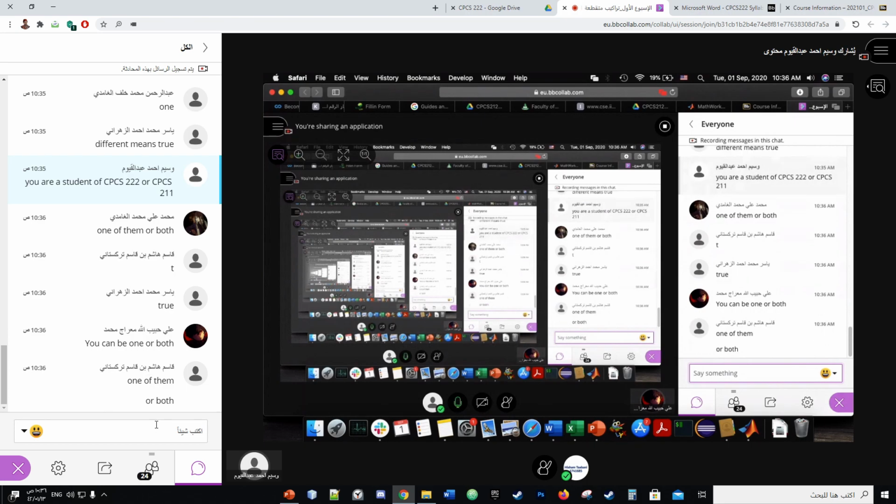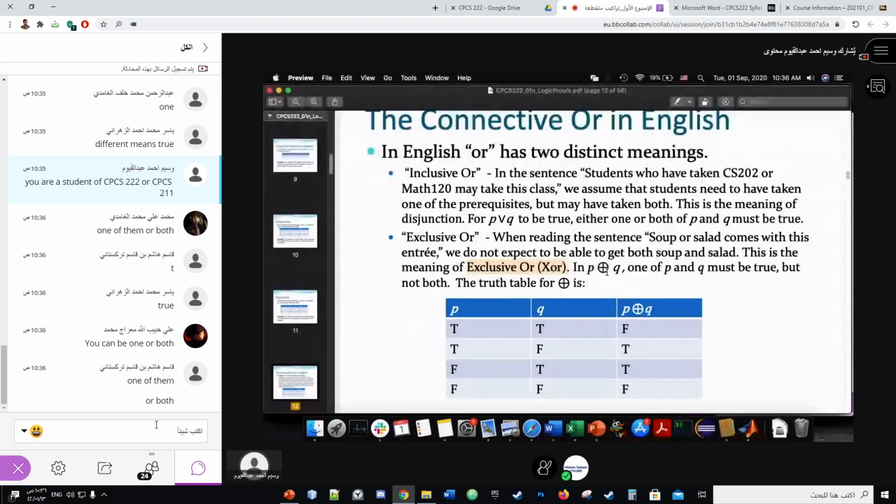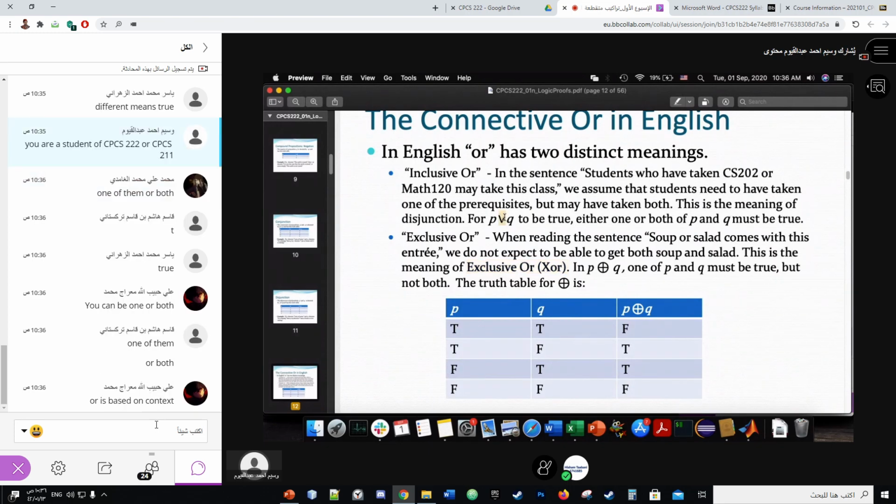So the or, if you see in English, it is not very clear. When you use the word or in English, we are not very sure whether it's the first case or the second case. So in propositional logic, we use the symbol to clearly differentiate between them. The inclusive or, the disjunction, means that either one or both can be true.